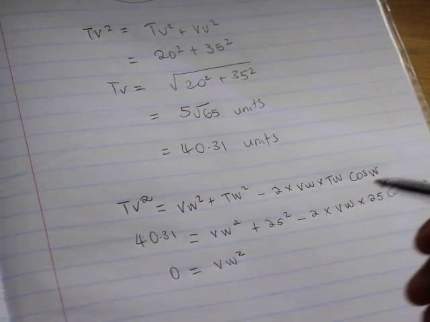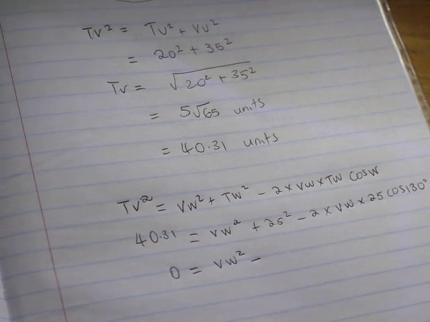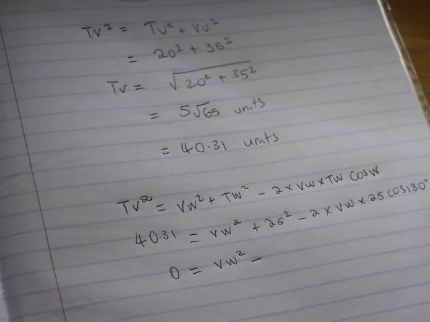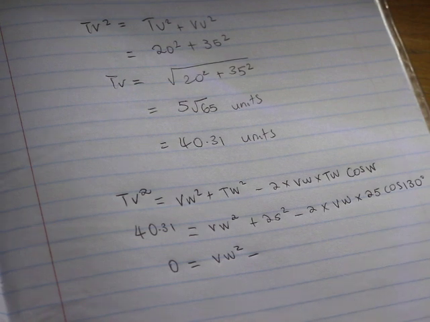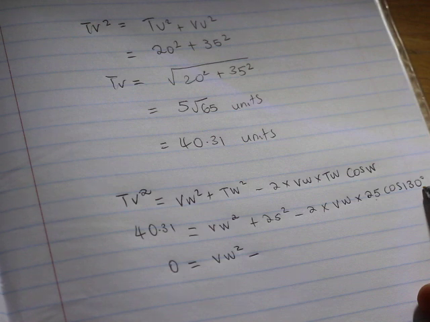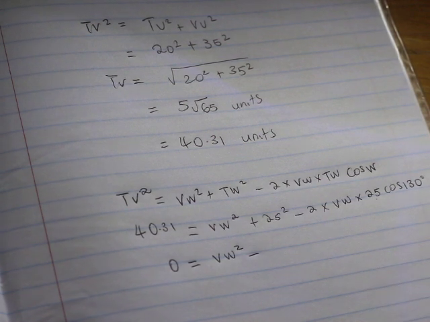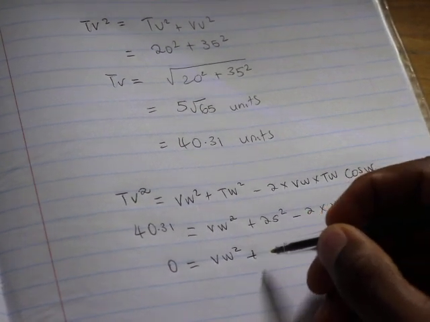VW squared minus, so we just simplify that, because you cannot use factorization here. So the minus 2 and the 25 and the cosine of 130 degrees, we're just going to multiply that. So 2 times 25 times the cosine of 130 degrees, and that's a negative number.